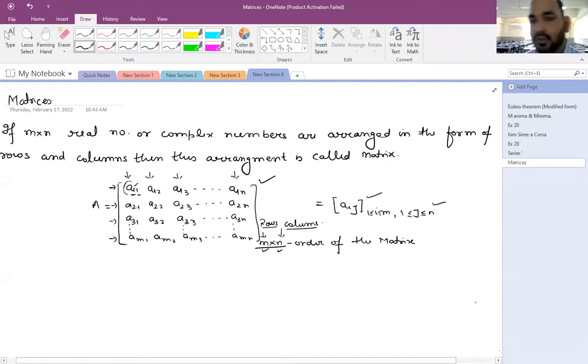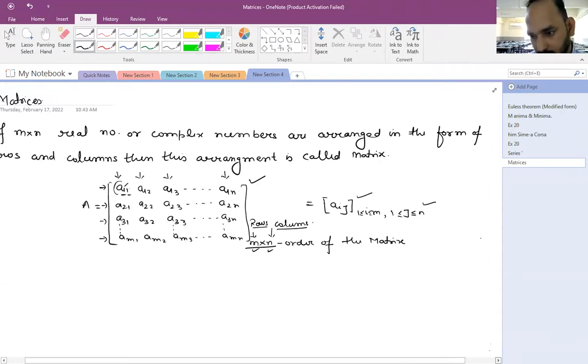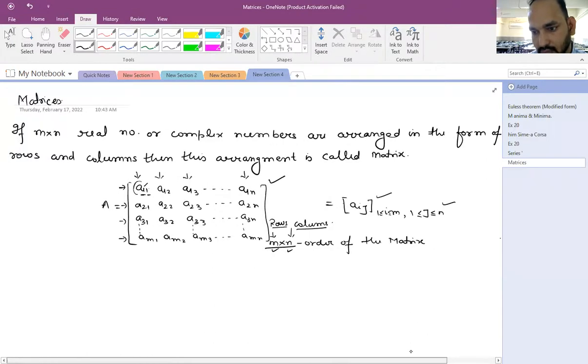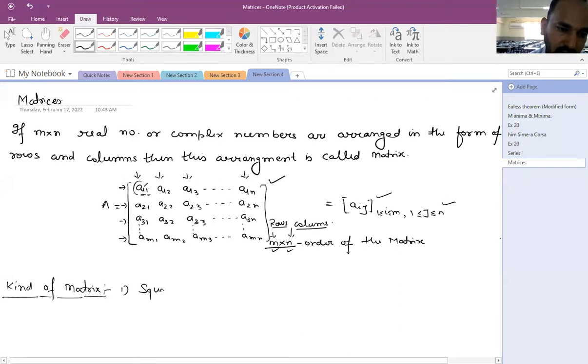Now I go to kinds of matrix. So we have first a square matrix. What is a square matrix?